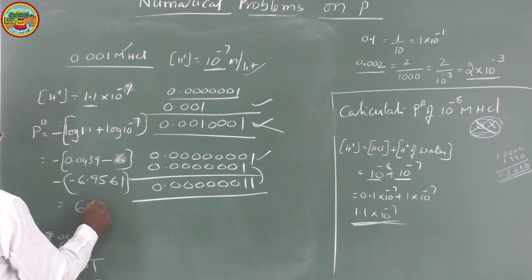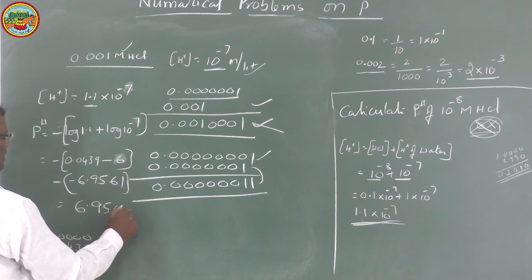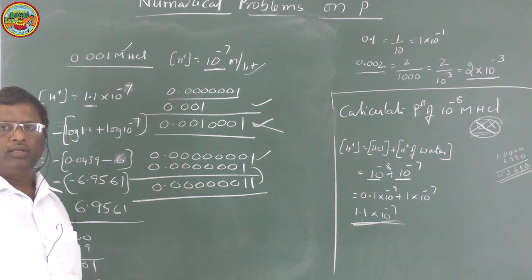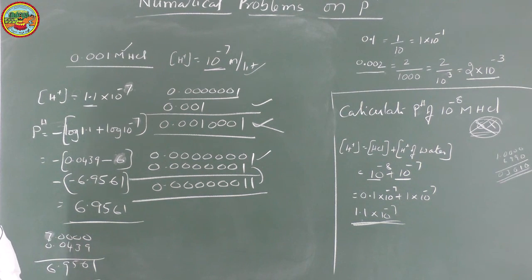So pH is 6.9586. This is the pH of 10 to the power minus 8 mole HCl.